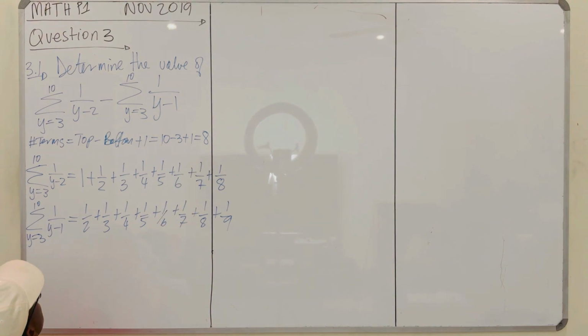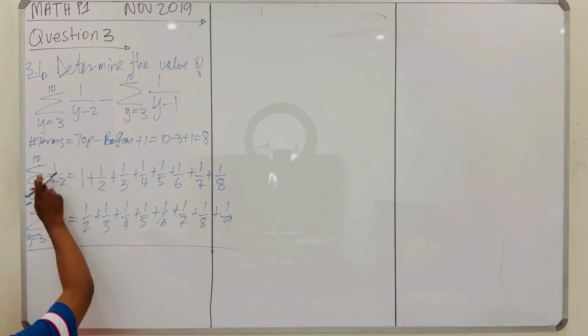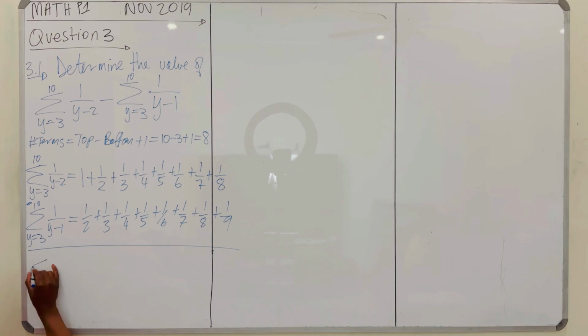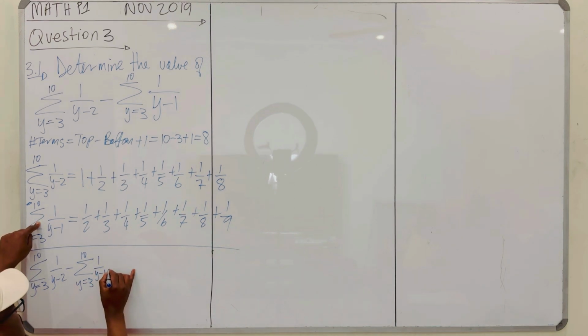Now the last thing is to find the difference between the two: this minus this. So you're going to have what you started with, the sum from y equals 3 to 10 of 1 over y minus 2, minus the sum from y equals 3 to 10 of 1 over y minus 1.